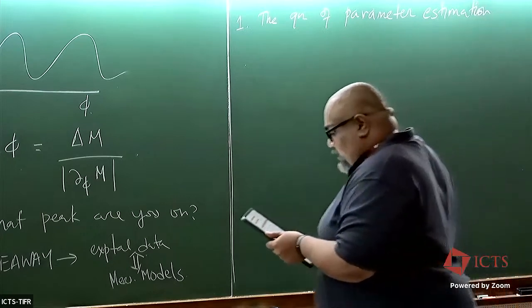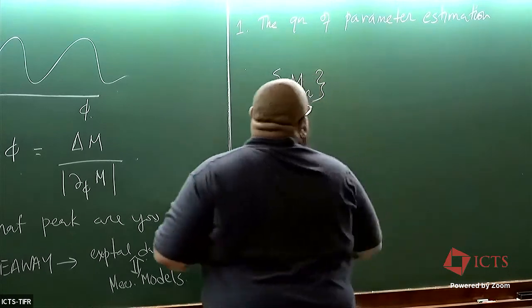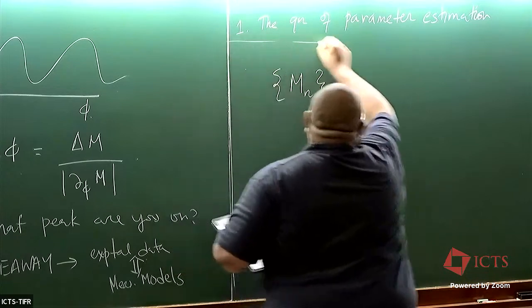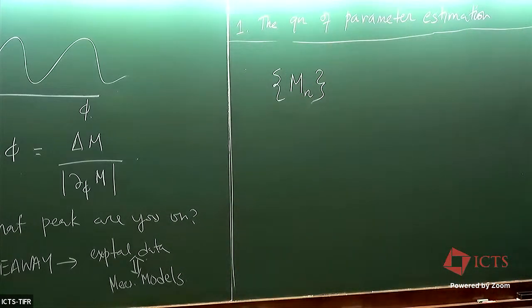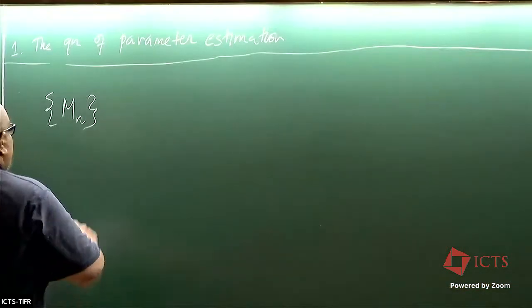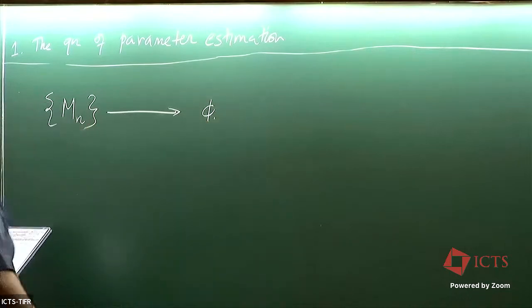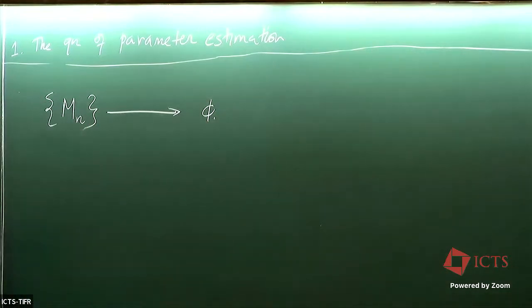The question of parameter estimation is that I have some sort of time series, you can think of it. I've been warned not to write close to that wall, so I'll draw myself a less than straight line to keep below that. Okay. So I have a time series, and I want to invert this and find some parameter phi, because I know that the time series depends on the parameter phi. A more formal definition was provided earlier, but this is my simple interpretation of it.